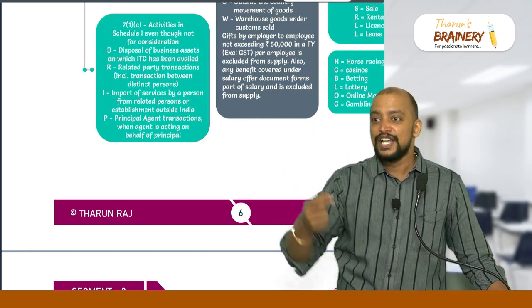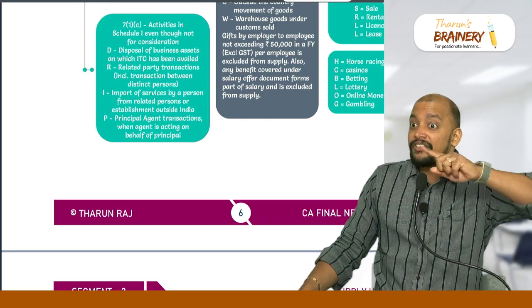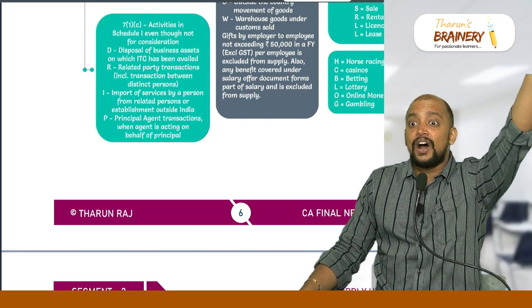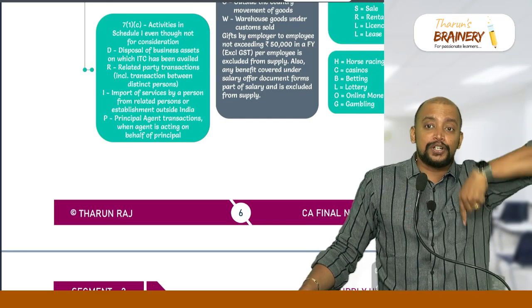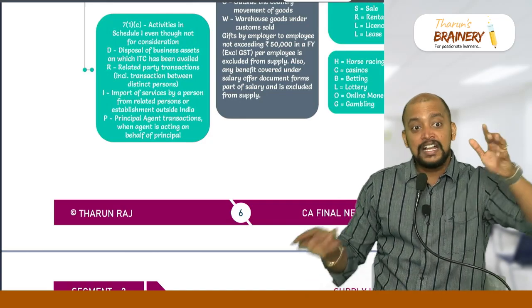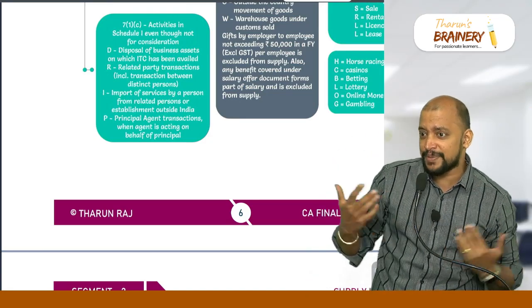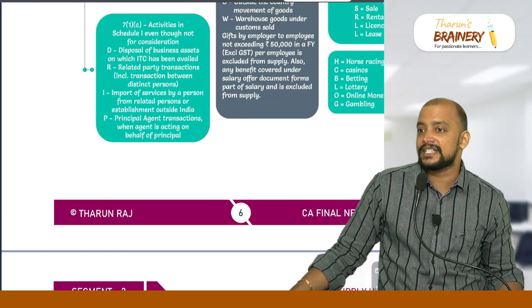You got the clarity? Import of service without consideration from a related person. How? There will be flow of profit to them. You got it? So import of service without consideration from a related person, but is it in the course or furtherance of my business? Yes. So it will become supply under 7(1)(c).